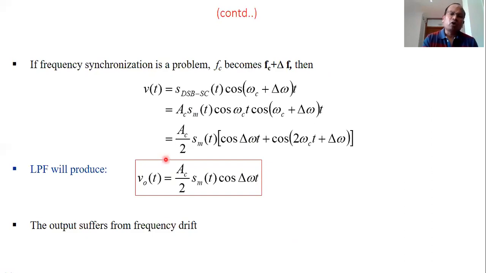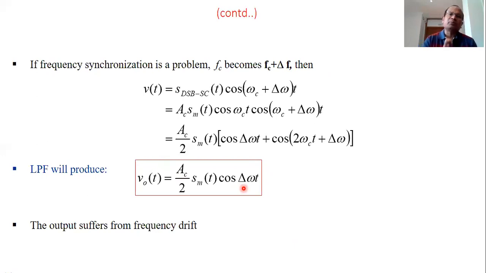So the output will also suffer from frequency drift. Frequency drift will be there, and that will cause frequency deviation, attenuation and loss of signal. The original signal will be deviated from its frequency, which is not good. We want the correct signal frequency, and when we are not getting it, the frequency deviation will cause unwanted effects in the signal.